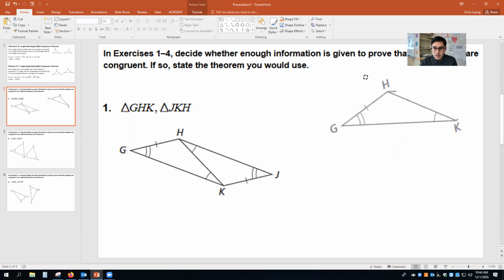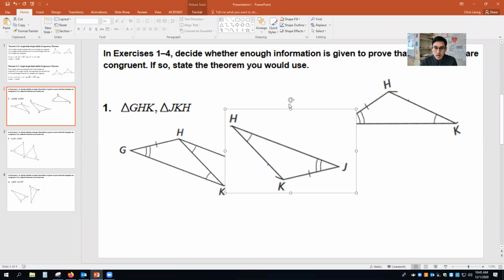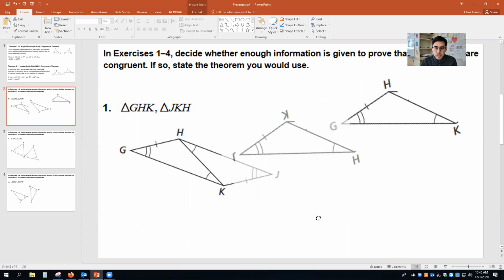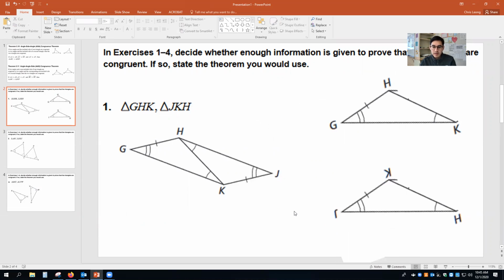So there's the first one. We'll rotate it like that. And here's the other one. Rotate it that way. Because we rotated, some of the letters are upside down, but here are the two triangles. Now let's see what pattern we have for the markings.